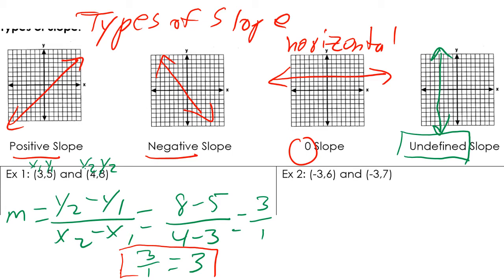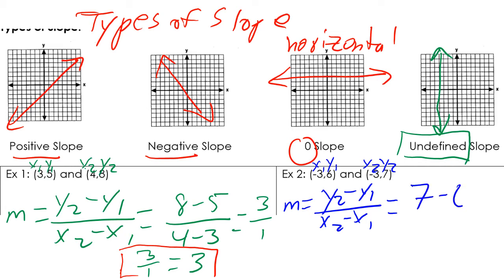Let's do another one. M equals y2 minus y1 over x2 minus x1. Let's see, x1, y1, x2, y2. So it's going to be y2 minus y1, that is 7 minus 6, over x2 minus x1, that's negative 3 minus negative 3.